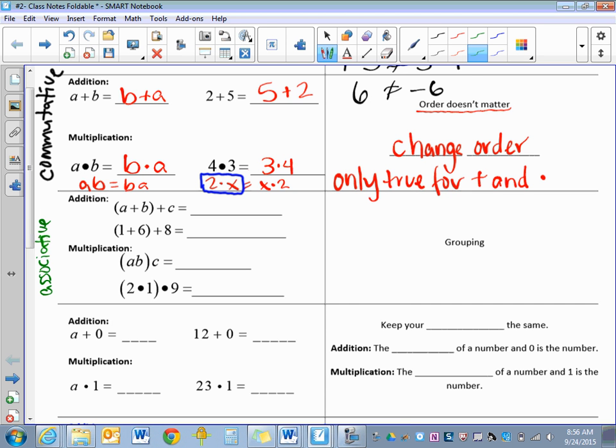The associative property is just simply grouping things together using our parentheses. So if I have the quantity A plus B plus C, that's the same thing as A plus the quantity B plus C. So I can group A and B together, or I can group B and C together.